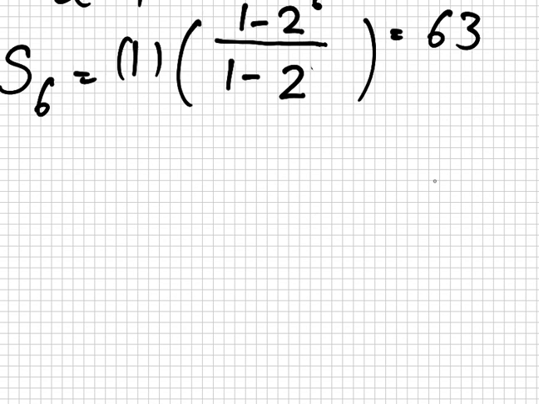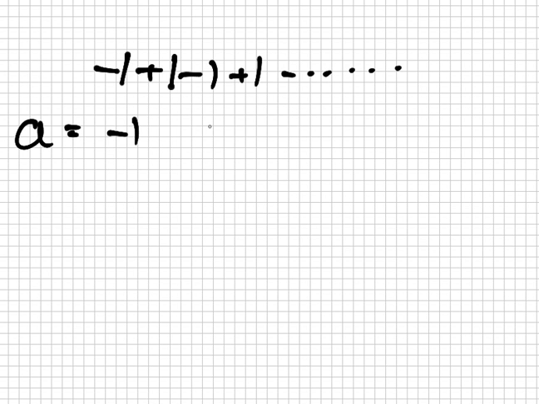Okay. Now we'll do an example where you don't know how many terms there are. So there are n terms. So this is like example 6a. You have minus 1 plus 1 minus 1 plus 1, etc. What's the A here? Minus 1. And the R? Minus 1. And the n? We don't know.